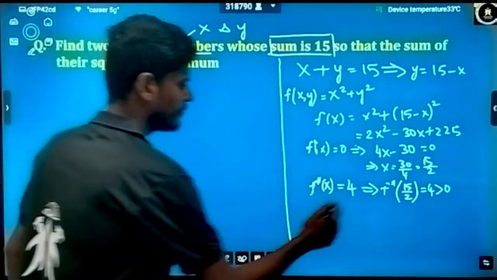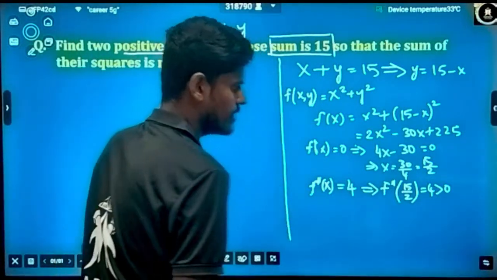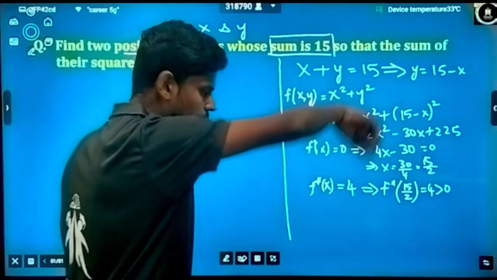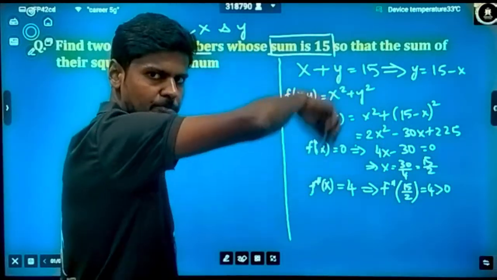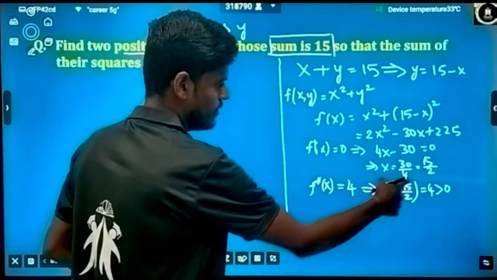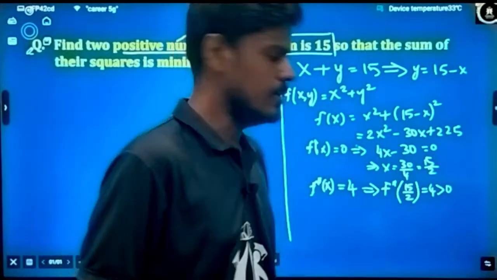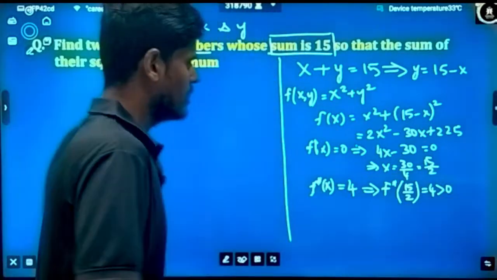So that means this point will be a point of minimum. Concave upward curve, for concave upward we will have a minima value. So this curve is always positive means minimum value, not at all the points.